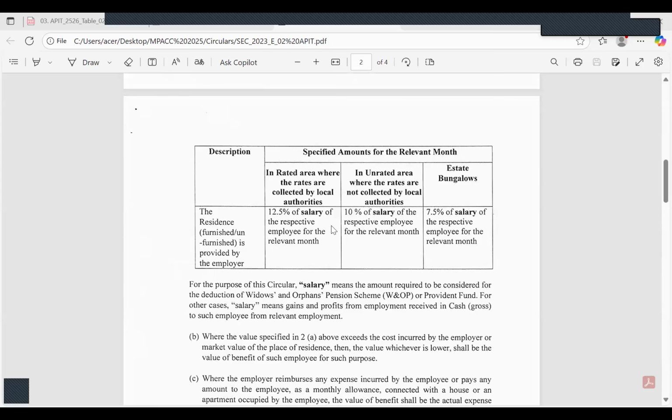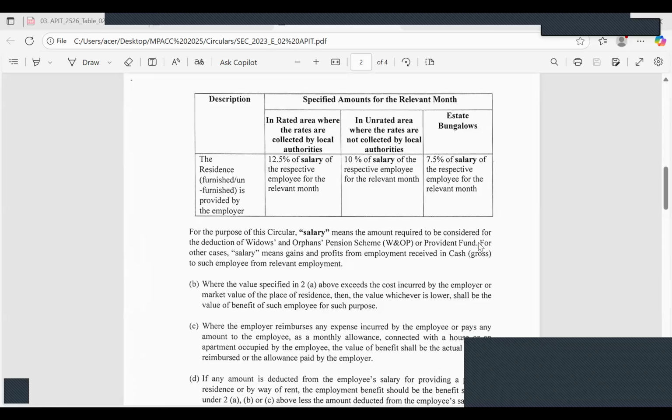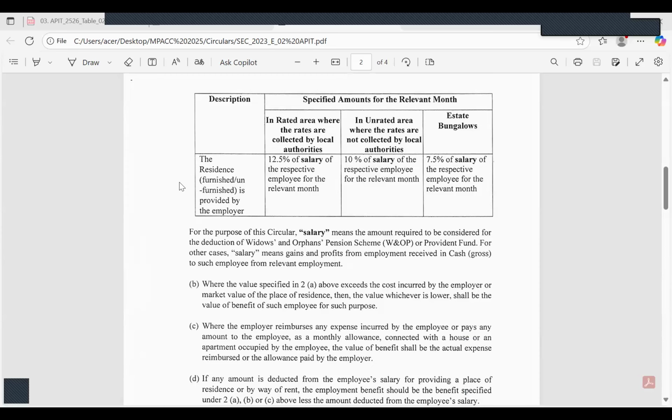Then now we have an issue. What is the meaning of salary for the purpose of this benefit? For the calculation of this housing benefit, what is the meaning of salary? So it says salary means the amount required to be considered for the deduction of WNOP or Provident Fund.